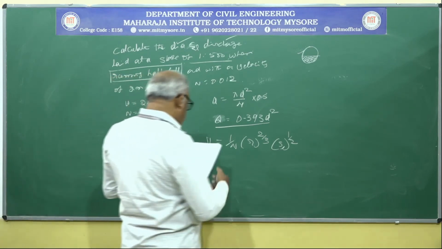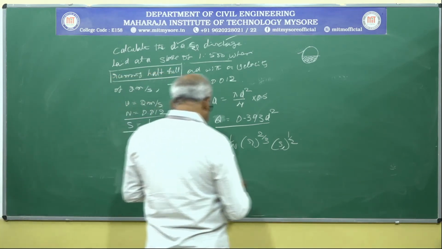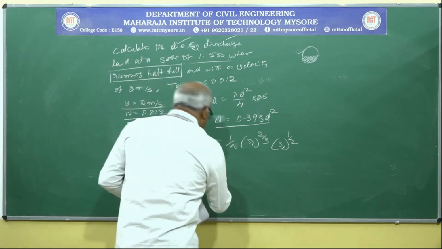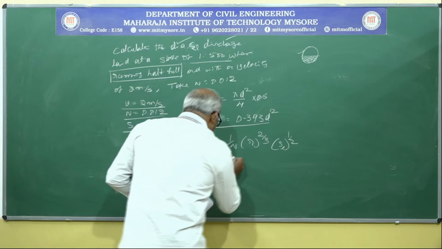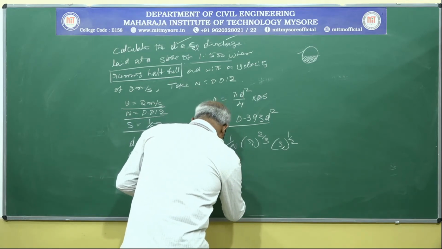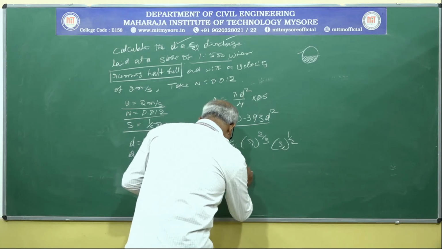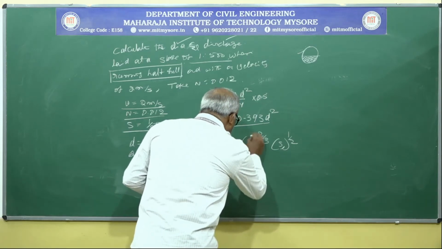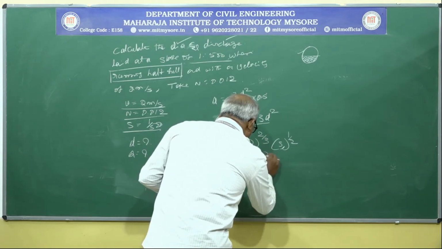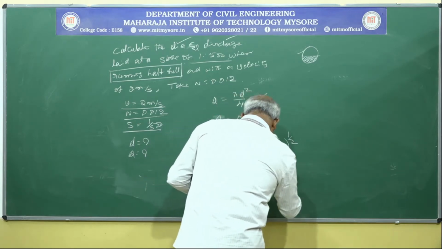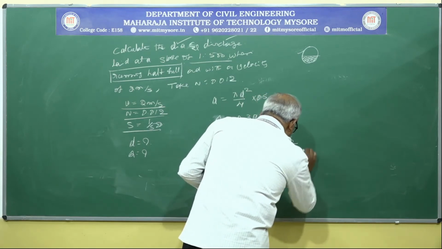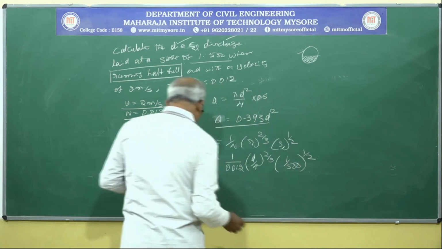The velocity is given, that is 2 meter per second. 2 equals 1 by 0.012 into, since radius is d by 4, (d by 4) to the power of 2 by 3 into the slope, 1 in 500, whole to the power of half.